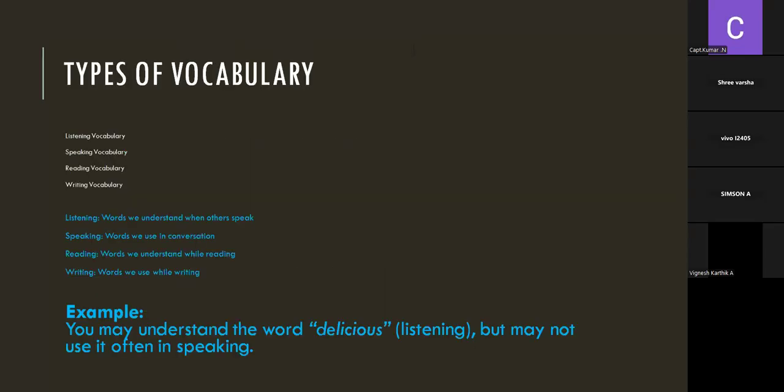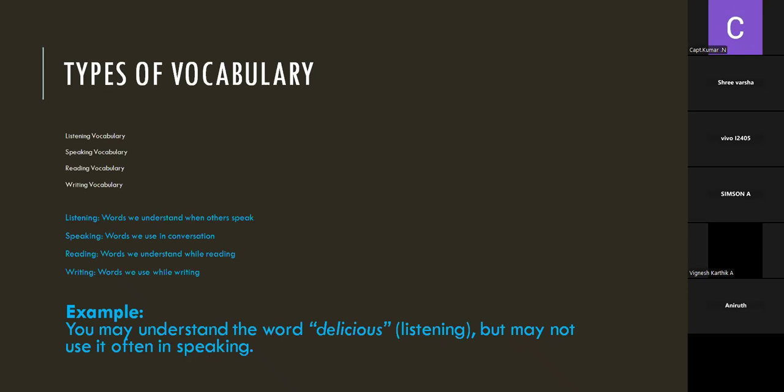Then we'll move to the next slide, that is types of vocabulary. There are four types of vocabulary. First one is listening vocabulary. Second one is speaking vocabulary. Third is reading vocabulary. Fourth, writing vocabulary. Now, let me see the keywords for the four points.